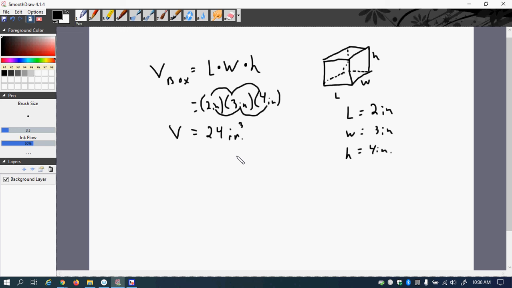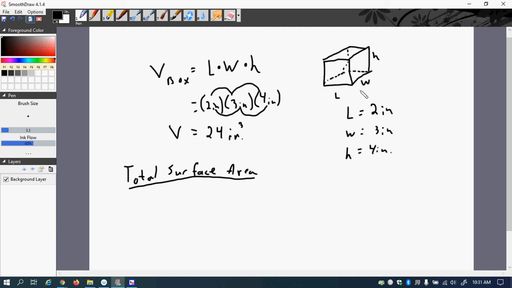So now let's say we want to calculate the perimeter. Not the perimeter, but I mean the total surface area is what I meant to say. Total surface area is basically adding up the area of all the sides of the box: the front, the back, the sides, and the top and the bottom.